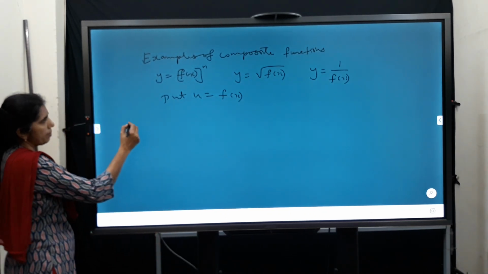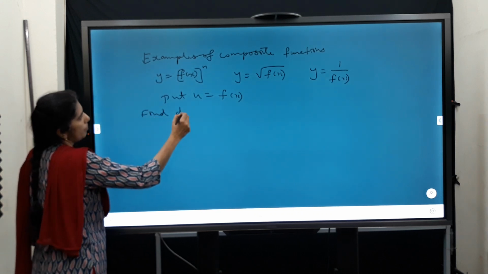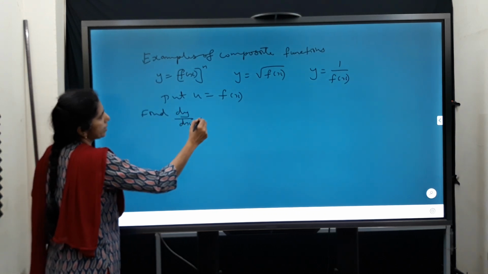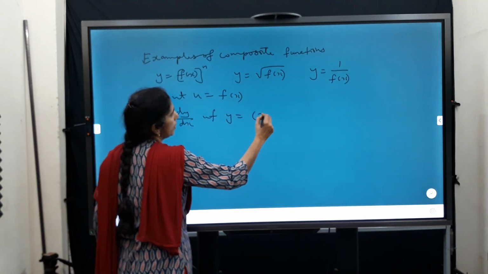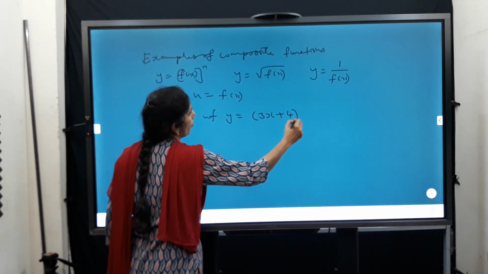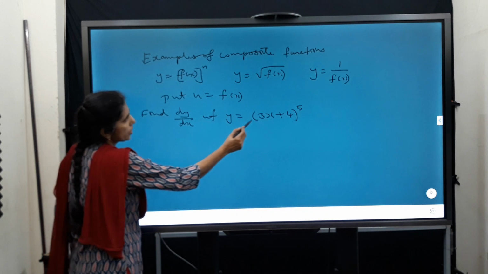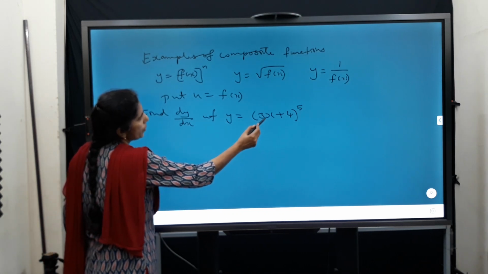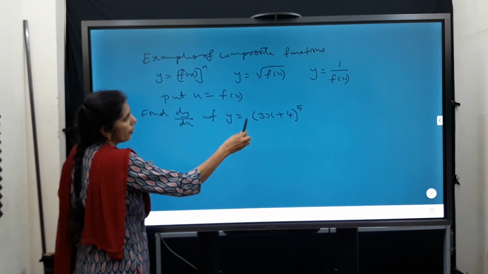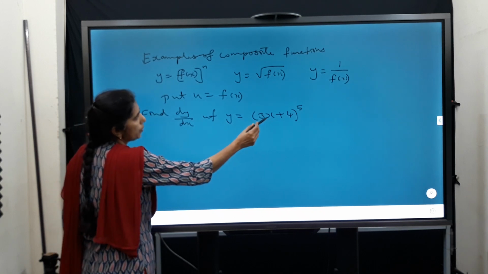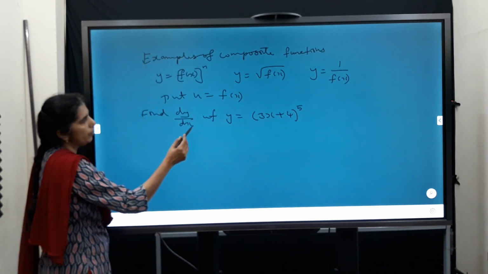Let us take one example. Find dy by dx if y is equal to 3x plus 4 raised to 5. Look at this. This function is of the form y equal to f of x raised to n. So here your f of x is equal to 3x plus 4 and n is equal to 5.